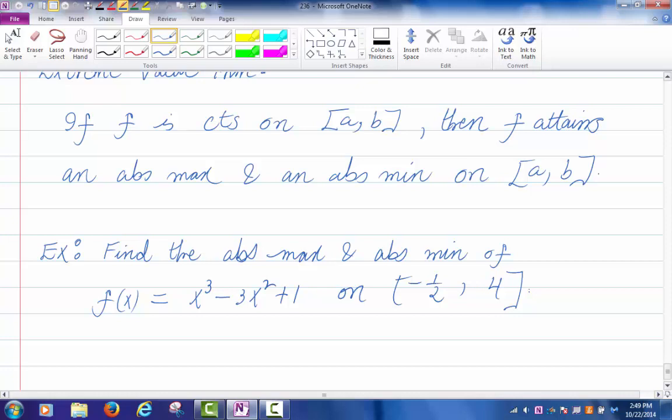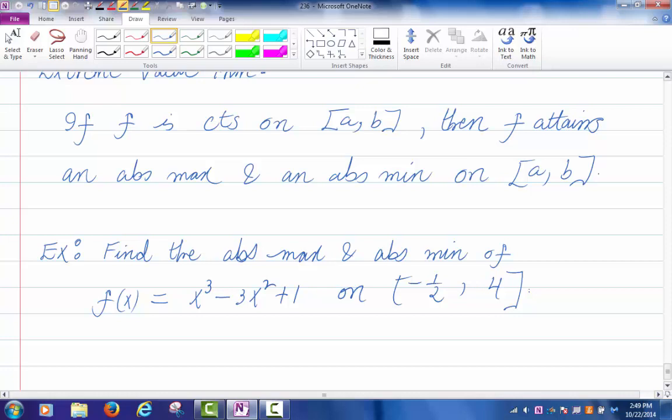Well, it doesn't exist because I can make the value of this function as big as I want by taking x big enough, right? So this function would not have an absolute maximum on the entire real line. But on a finite interval, the extreme value theorem says there is one.